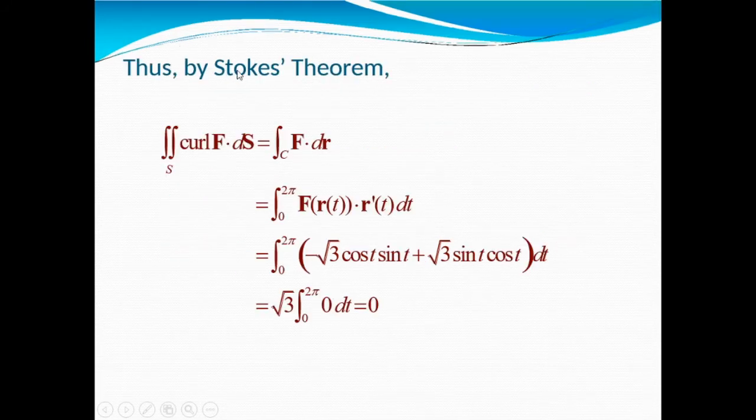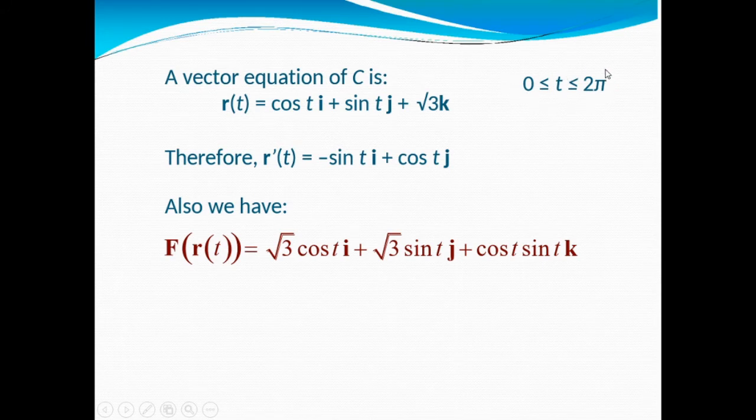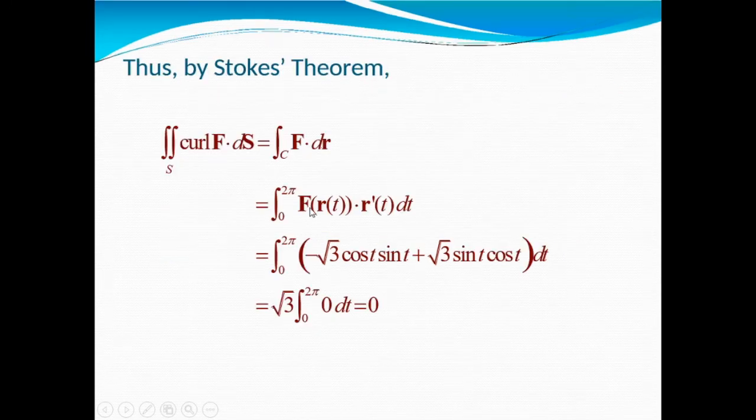By Stokes theorem we know that the surface integral of curl F dot dS is equal to the line integral of F dot dr. So we have to apply the limits, remember this 0 to 2 pi. Hence I have taken 0 to 2 pi within the integral F of r of t dot r dash t, where dr can be written in terms of dt using r dash t.